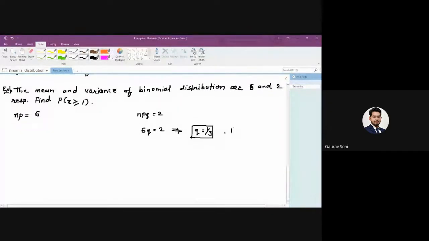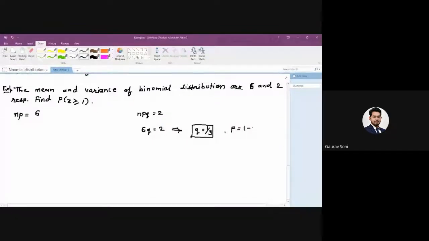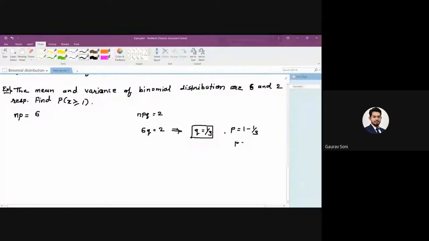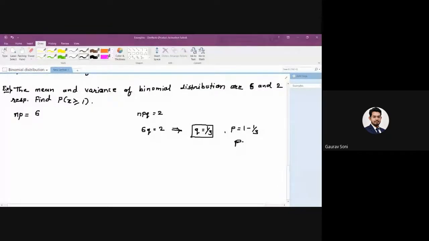Also with this, p is going to be 1 minus 1 by 3. So p is equal to 2 by 3.